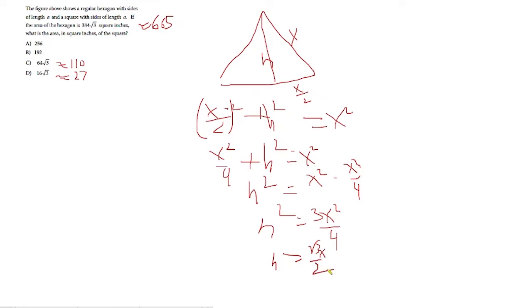You've seen that before. Root 3 over 2 is the cosine of 30 degrees, the sine of 60 degrees. You could indeed figure out that that's a 30-60 triangle, and either do it by knowing that, or, since this is a calculator problem, you could get some kind of decimal answer with the calculator. It's certainly possible to do it that way. And then your area for the triangle is base times height over 2.